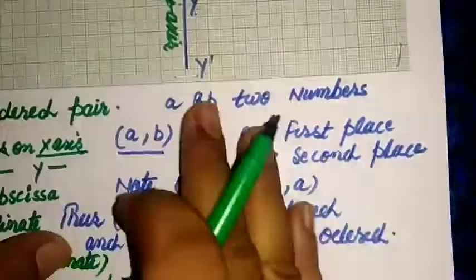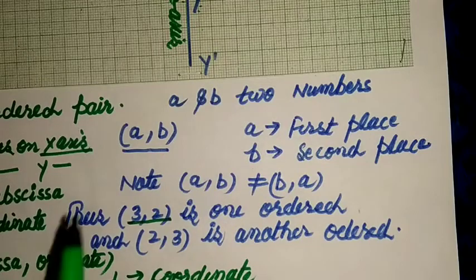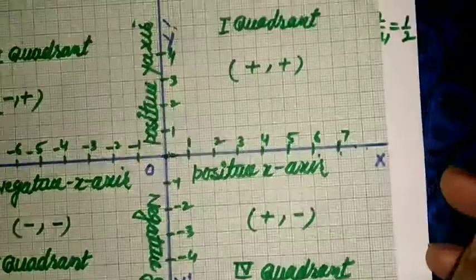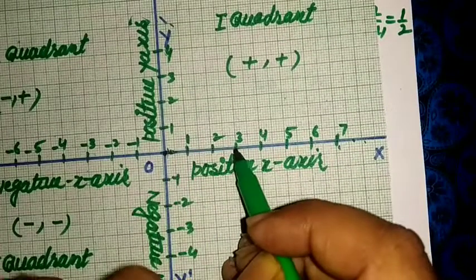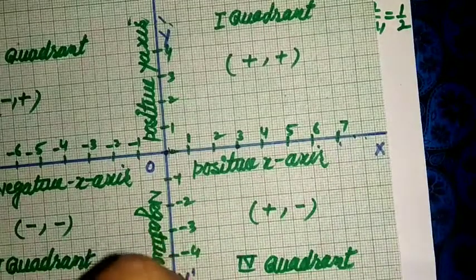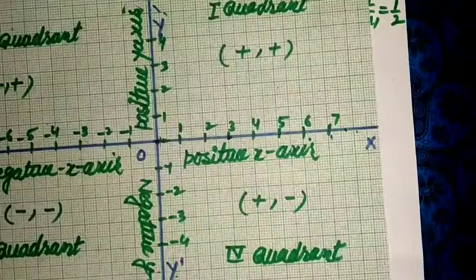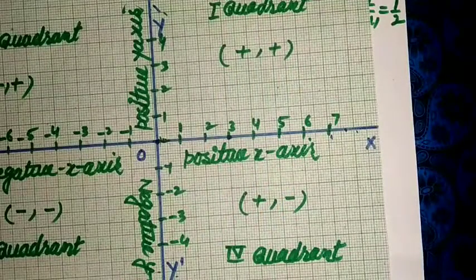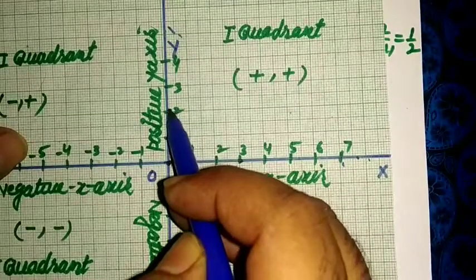Suppose we locate here 3, 2 on this graph. So how can we locate? First we see 3, the first point on the x axis, 3 is here, and the point we have is 2, so 2 is on the y axis, 2 is here, this is 2.